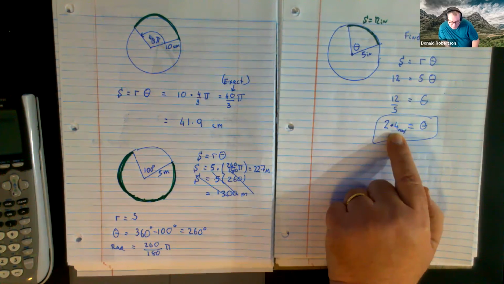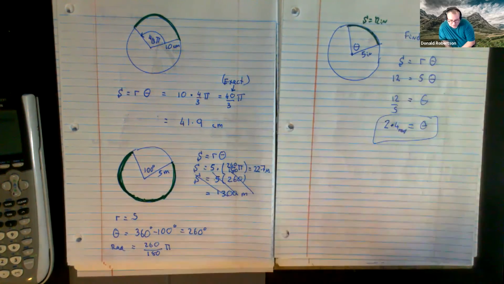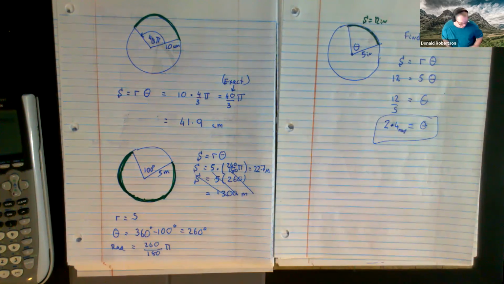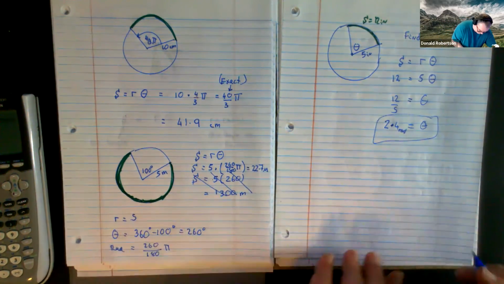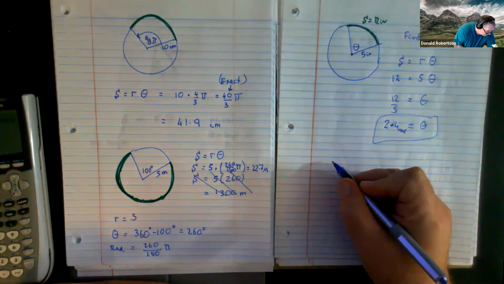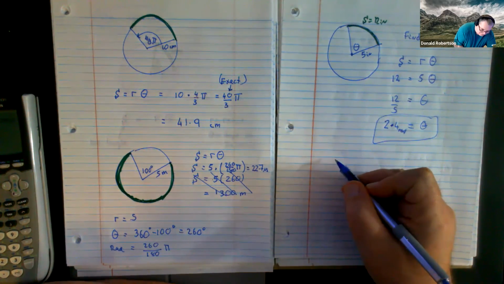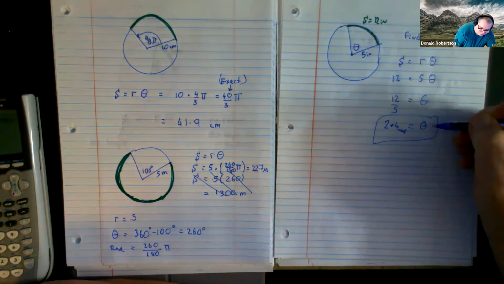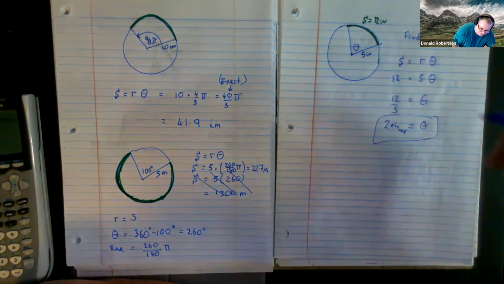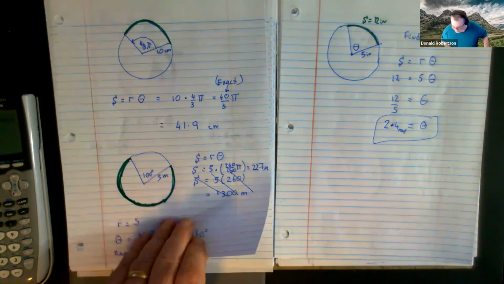I know the answer is 2.4 radians, but how would I convert that to degrees then? What would we do? I think I've made the question harder than it is. What's 2.4 radians in degrees? What do you do to find that answer?